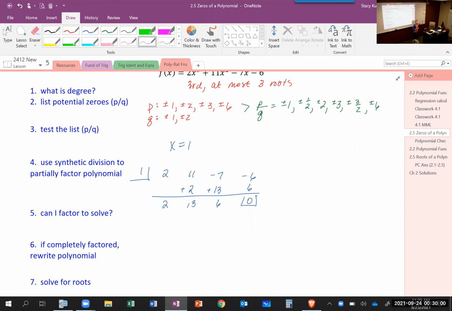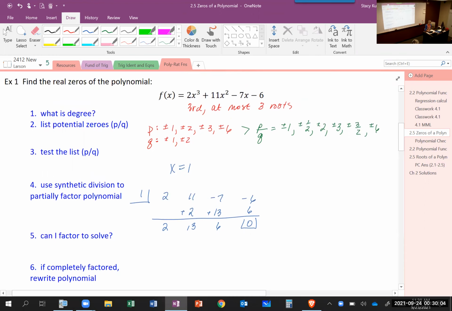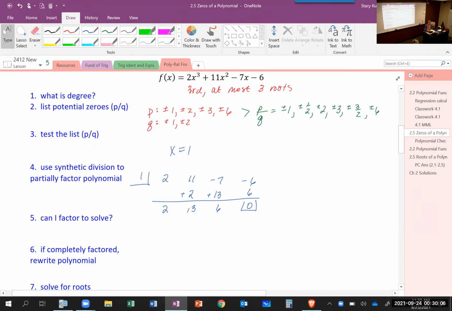Now, so we have this. Once I divided my 3rd degree polynomial by x minus 1, I end up with an x squared polynomial, right? Let's rewrite my division here. This looks like 2x squared plus 13x plus 6, correct?